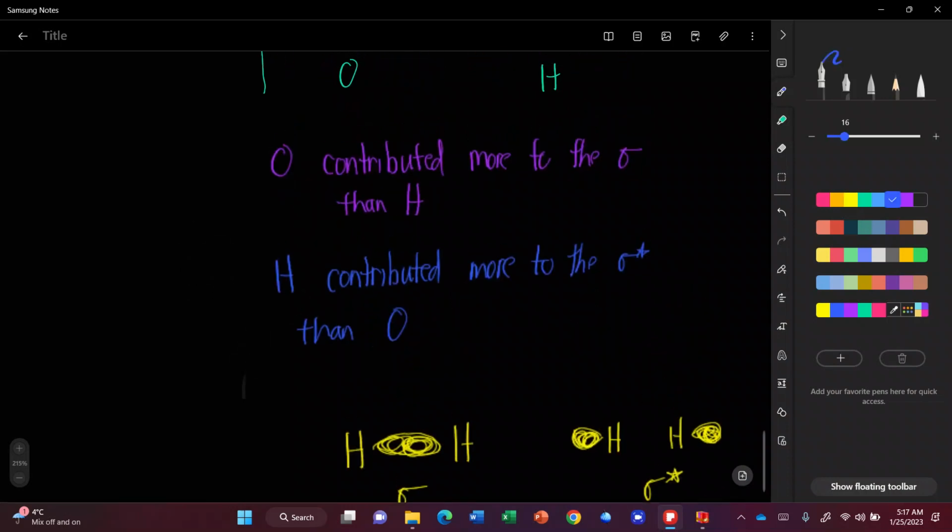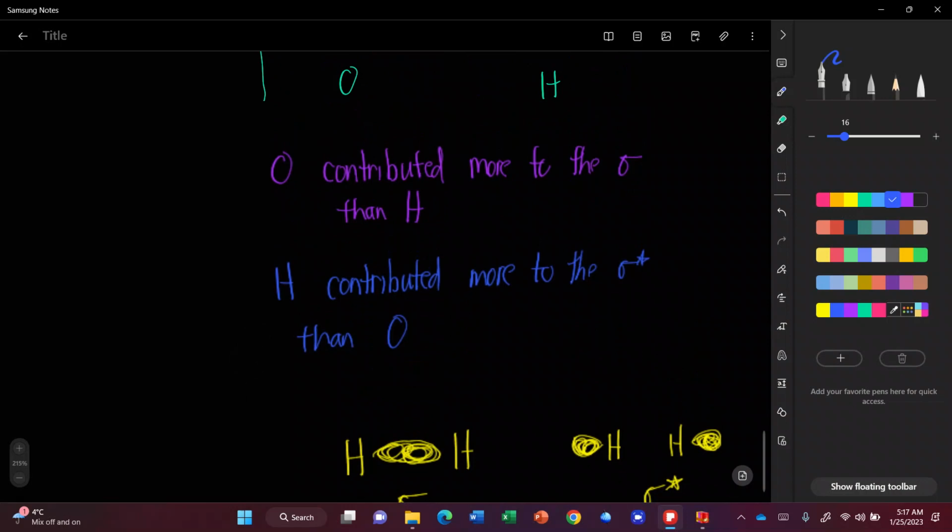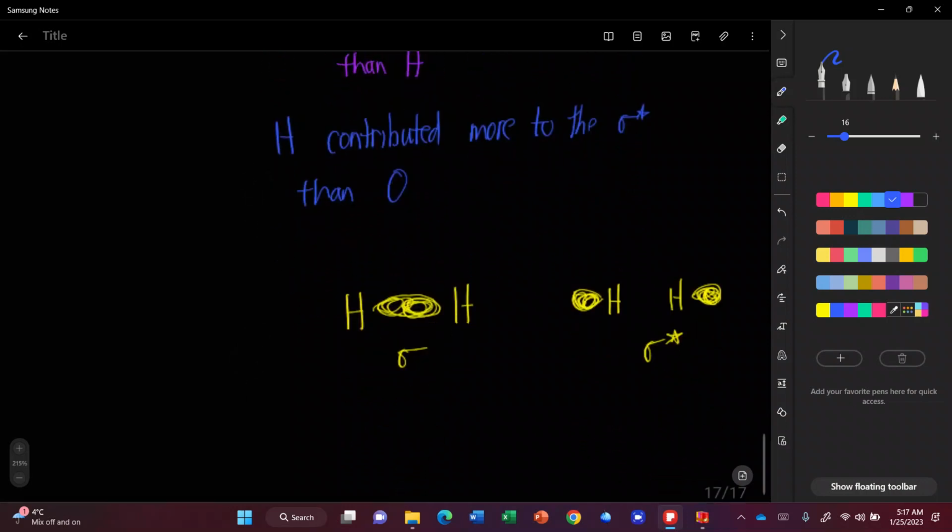So because the oxygen contributed more to the sigma orbital than the hydrogen, the electron density is shifted more towards the oxygen than it is towards the hydrogen.